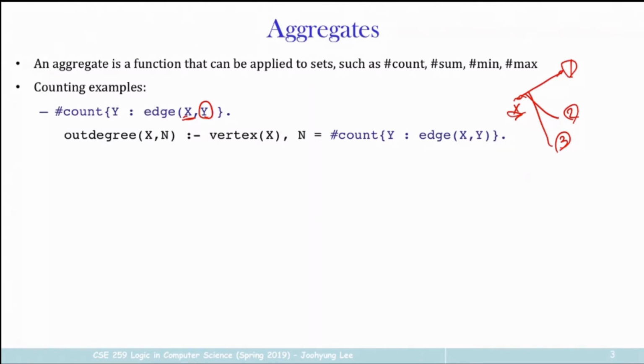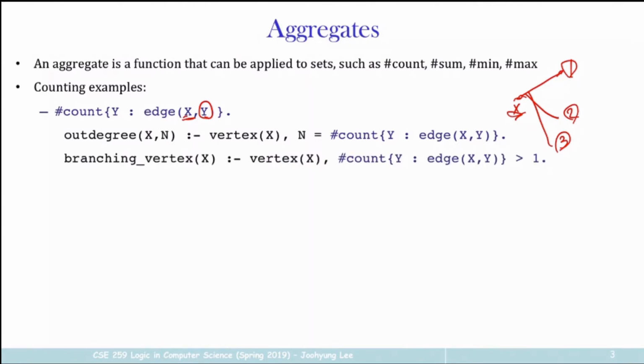Okay, and we can also talk about the branching factor of the vertex. So branching factor here means exactly, given the vertex, okay, actually, we can say what is a branching vertex. So here, if you have more than one outgoing edge, then we call this vertex x a branching vertex. Okay? So you can write this inequality. Okay? The number of y that is connected is greater than or equal to 1, means that at least there are 2 different outgoing edges.